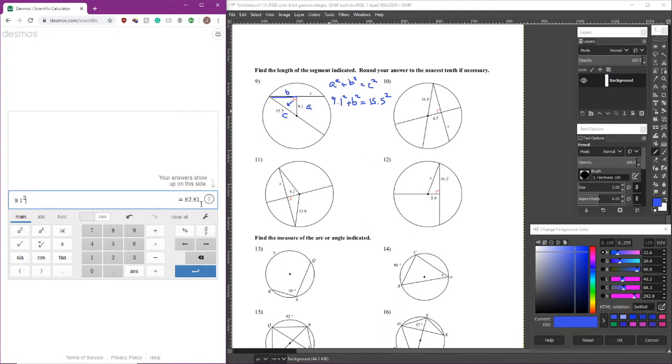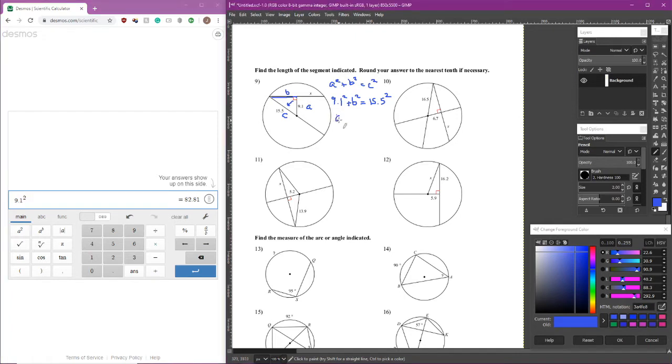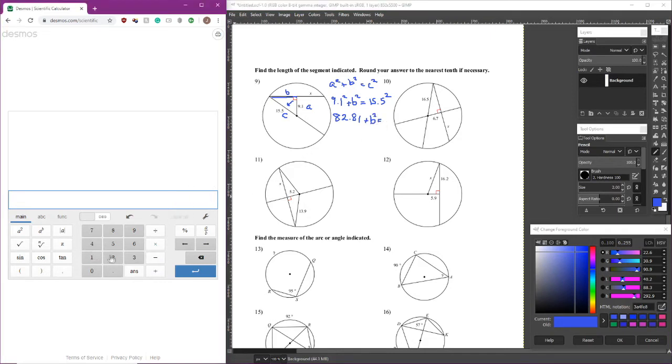And that's 82.81. So I'll write that in. And 15.5 squared is 240.25.